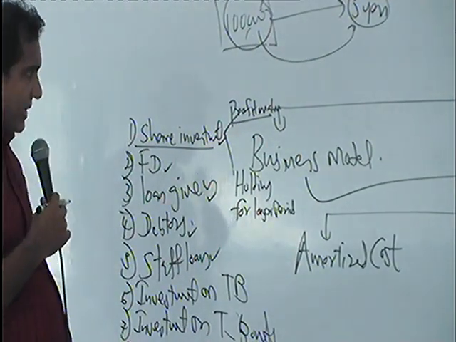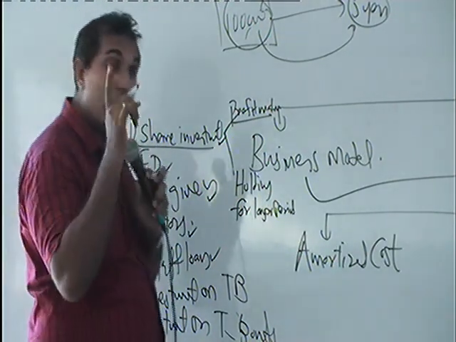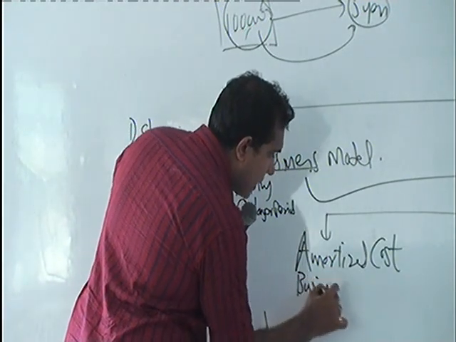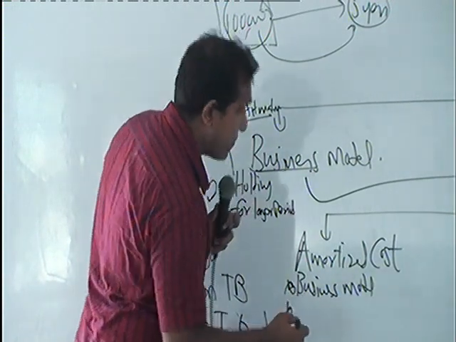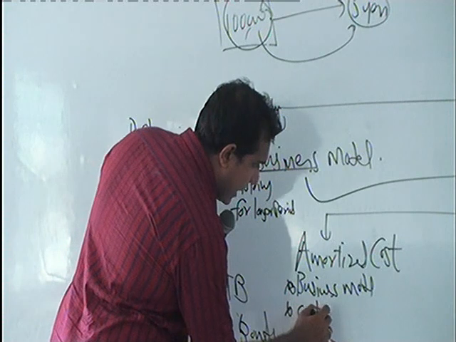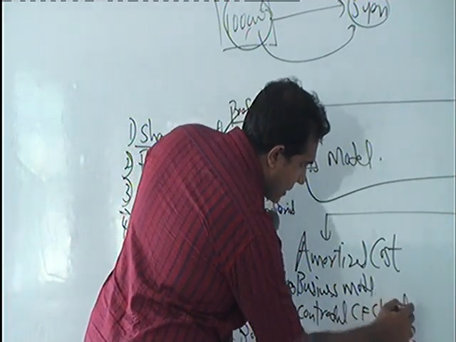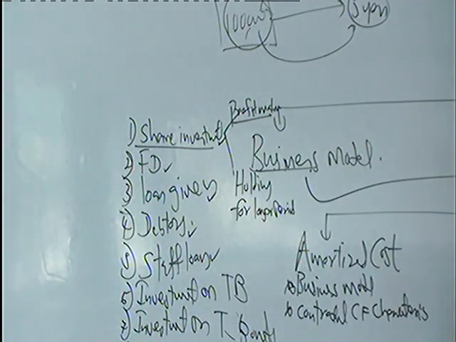In amortized cost, we need to look at both models, business model as well as contractual cash flow characteristics.